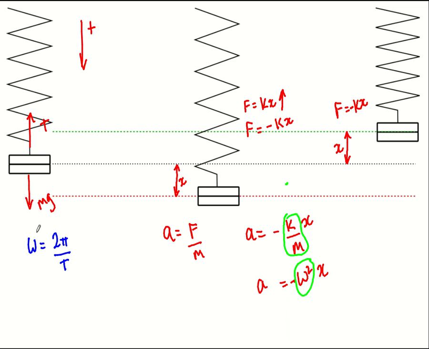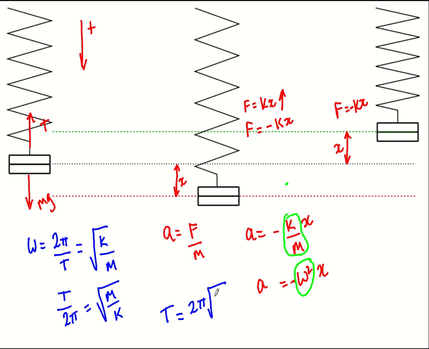So we'll square root this. If omega squared is that, then omega is the square root of that. So if I invert that, T over 2 pi is equal to the inverse of this, which means that T is equal to, take 2 pi over to the other side, 2 pi square root m over k.